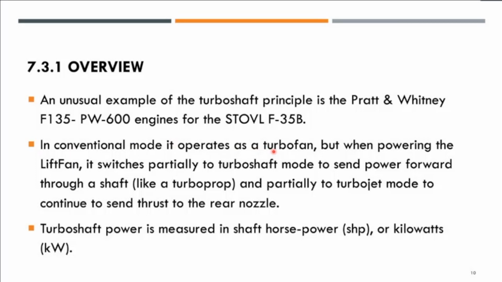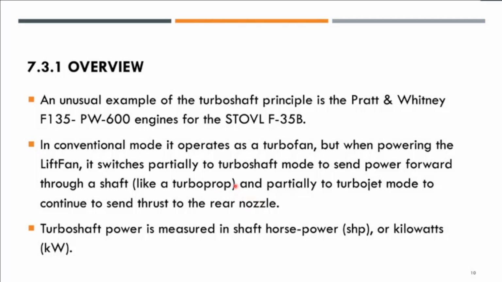Okay, but when powering the lift fan for the vertical takeoff, it switches partially to turboshaft mode to send power forward through a shaft like a turboprop, and partially to the turbojet mode to continue to send thrust to the rear nozzle, right?